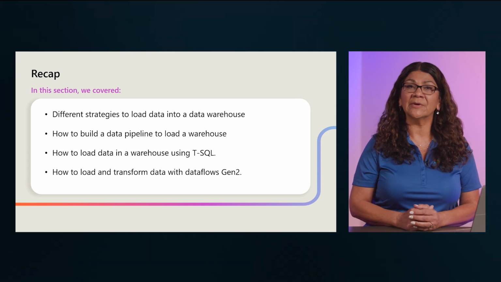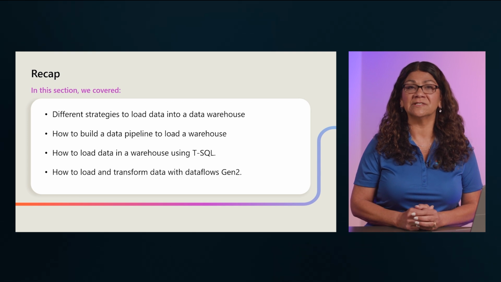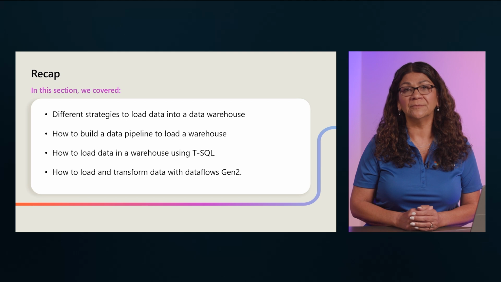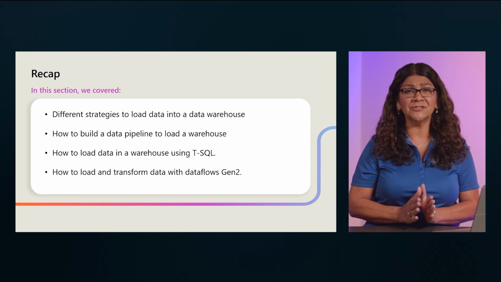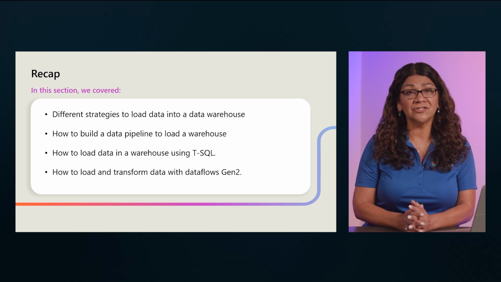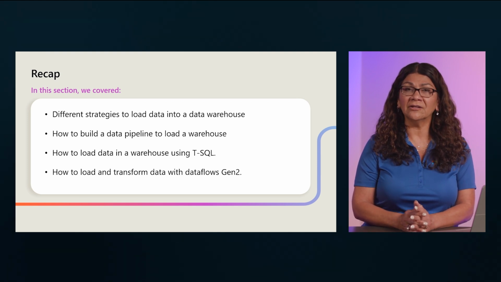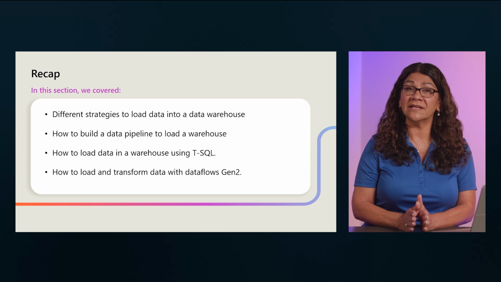We also talked about how to create tables with T-SQL using both SQL Server Management Studio and the Microsoft Fabric Service Portal. We also took a look at slowly changing dimensions and how to load fact tables with the insert statement, and we used pipelines to load data into the data warehouse.